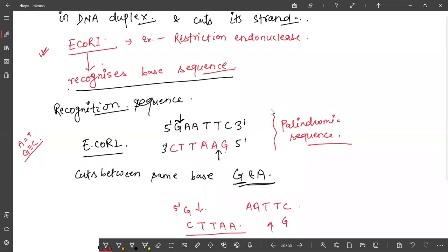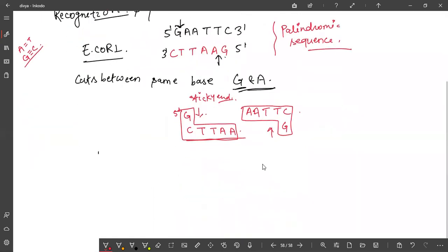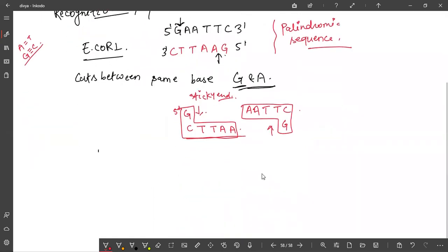This is called a sticky end. Suppose when you come to join this, it makes the ligation process easy. Which end is this called? Sticky end. So suppose when you bring the sequence for ligase, if it is AATTC, then it will be easy to ligate.